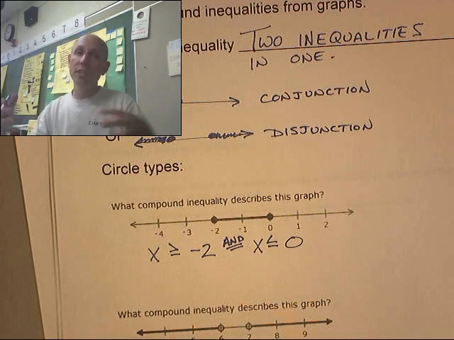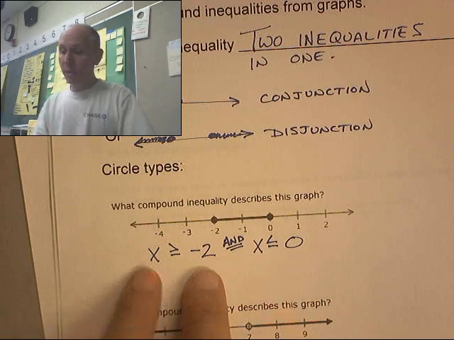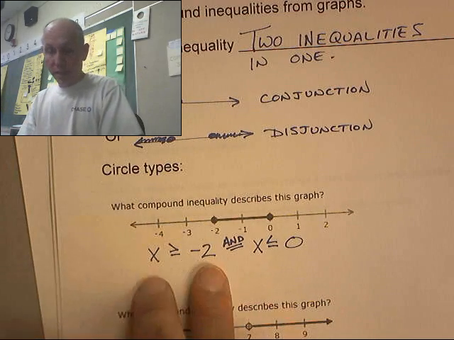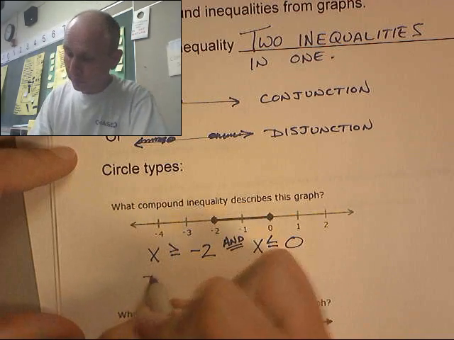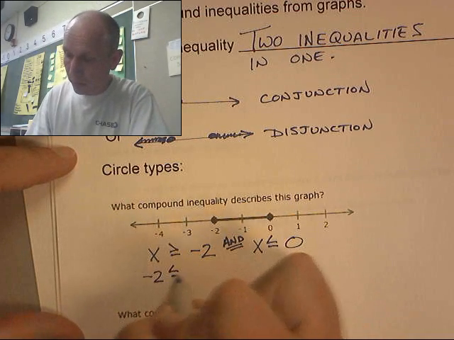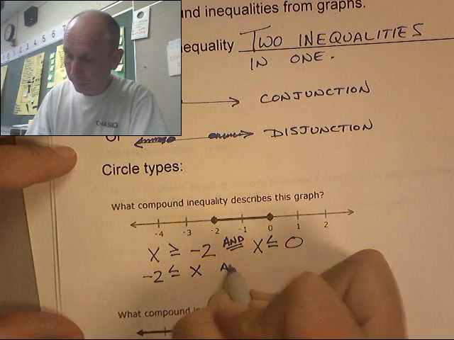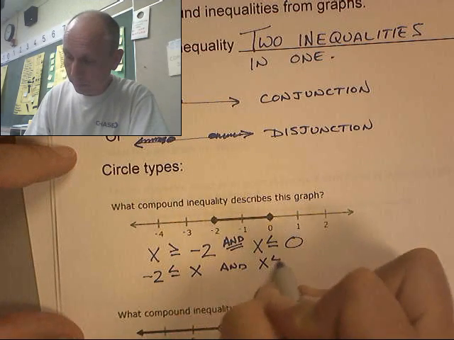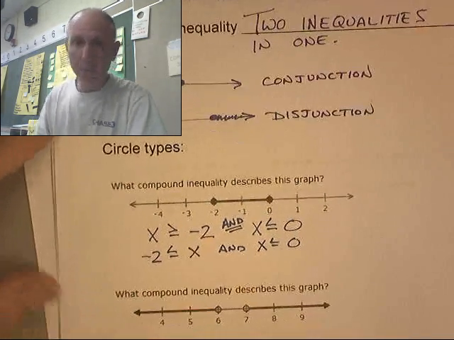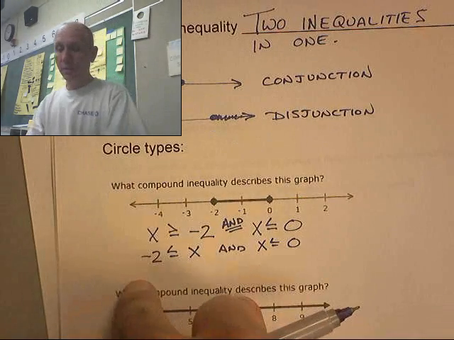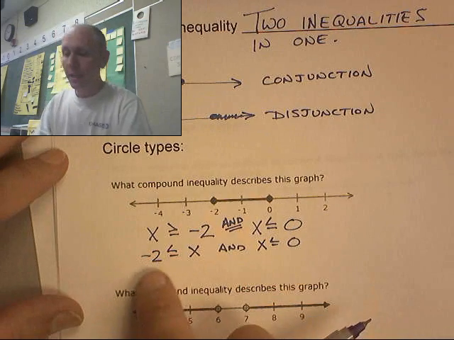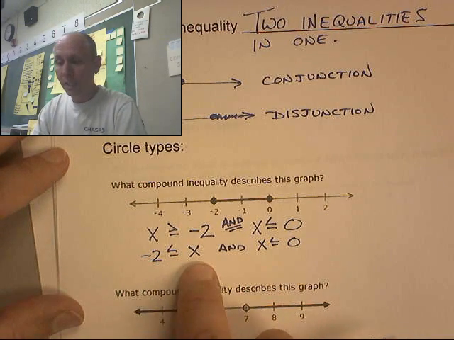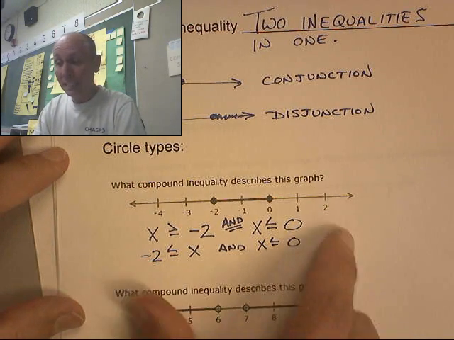Now I can squish this together even more by doing this. Ready? Take this guy and I'm going to flop it over so the x's are right next to each other. -2, the mouth still wants to eat the x. Just flopping it over. Well, -2 is less than or equal to x, and x is less than 0.